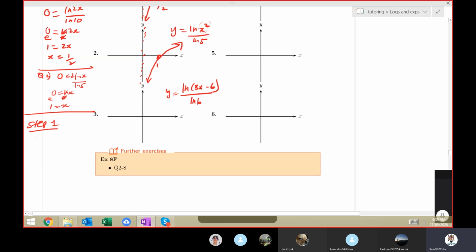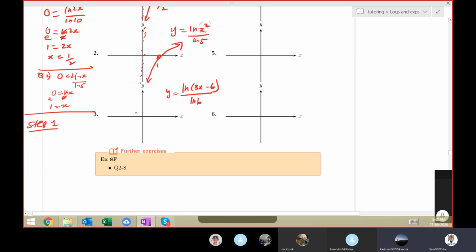But if I put x equals 0, look what happens. 3 times 0 is 0. 0 take away 6 is negative 6. You're going to get log of negative 6, so straight away you already know it can't be 0. Which is fine. Now you know it doesn't cut through 0, but still that's not fully correct, because this has moved. Clearly, with 3x take away 6, you guys know there's been some movement left and right, right? But still, it's more about working out where this actual bit is 0.